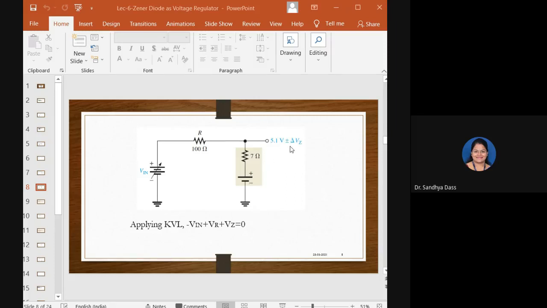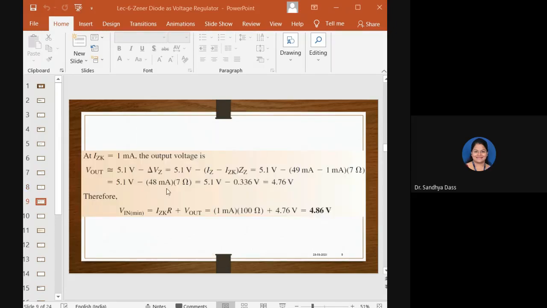So for the calculation at minimum input voltage, we go for 5.1 volts minus delta Vz, and for maximum V in it should be 5.1 volts plus delta Vz, isn't it? According to that, we apply the KVL here: minus V in plus VR plus Vz equals 0.